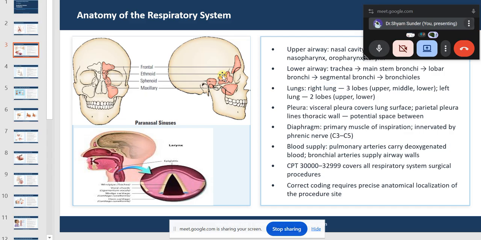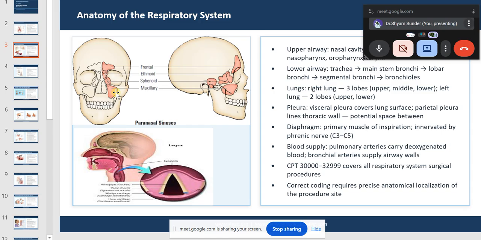We have four pairs of paranasal sinuses: the frontal sinus, located in the frontal bone of the skull, the ethmoid sinus within the ethmoid bone, the sphenoid sinus within the sphenoid bone, and the maxillary sinus within the maxillary bone. Right side and left side, these are bilateral, very important structures.